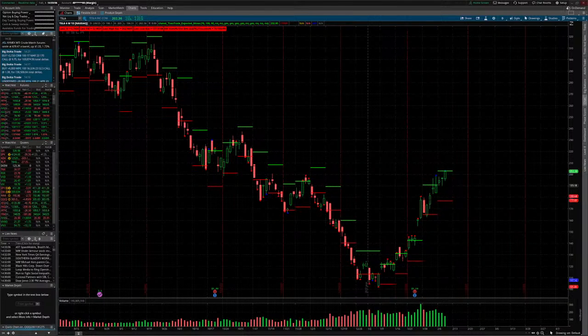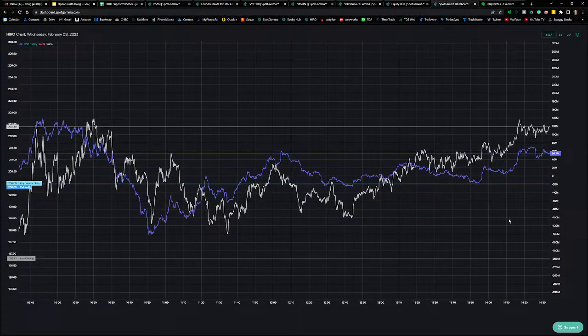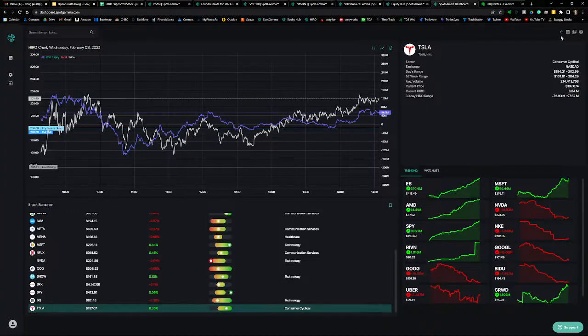And then, like I mentioned, my execution is based on real-time order flow on Bookmap, and we've seen that, and then real-time hedging flow in HIRO. Let's go back to HIRO now. So this is Spotgamma HIRO. Again, hedging impact of real-time options, and this is the real-time component to what Spotgamma provides.